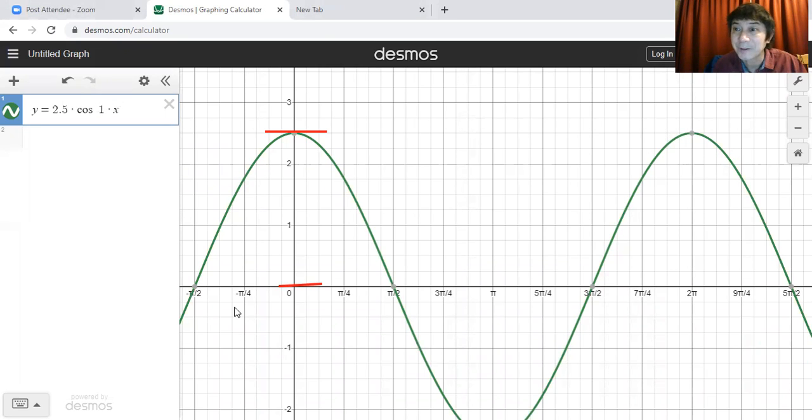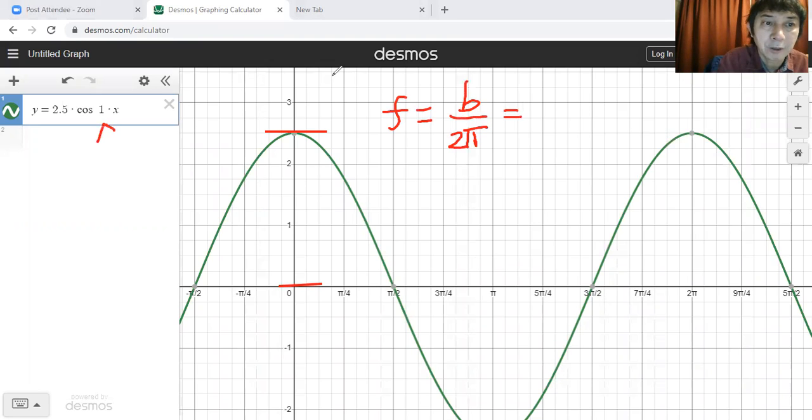That means the same computation for the frequency as for the sine function. If the number is 1, then the frequency is b over 2 pi, and our b is 1. So that means 1 complete cycle for every 2 pi.